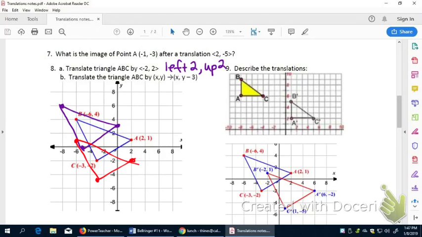Okay. So from A, and you actually can start at any letter. You can start at B, at A, or C. I don't know why I chose A, I just did. But you can start at whichever one you want to. It'll work. So if I start at A, I'm going to go to the left, or to the right, sorry. 1, 2, 3, 4, 5, 6, 7, 8, 9. So right 9, I'm going to write that down.